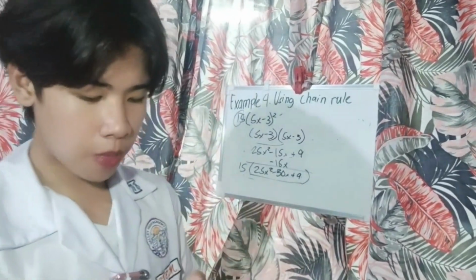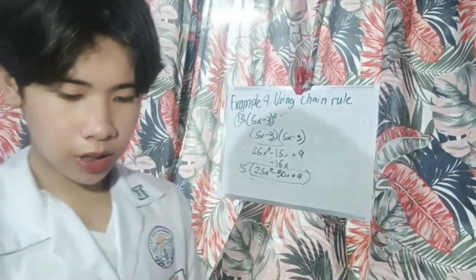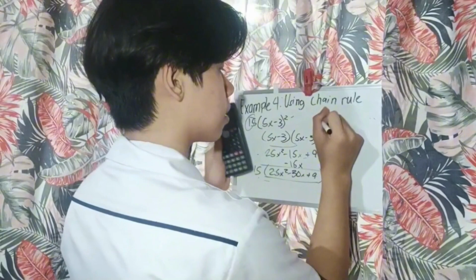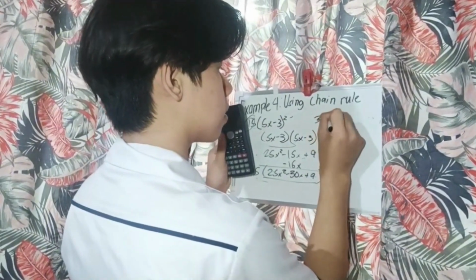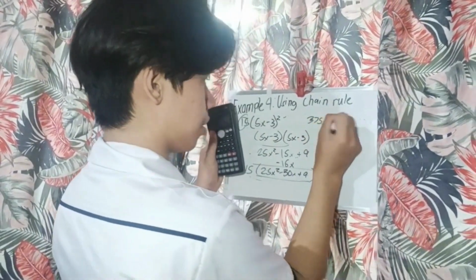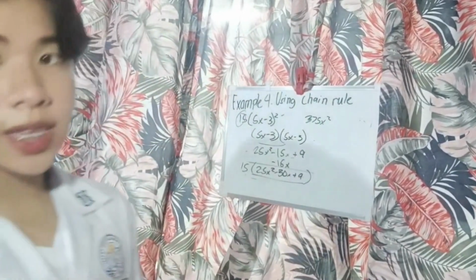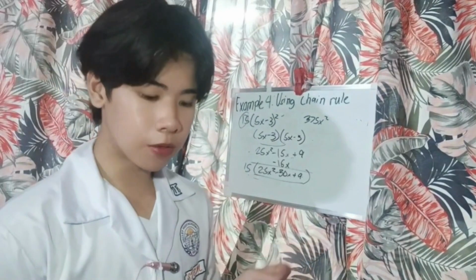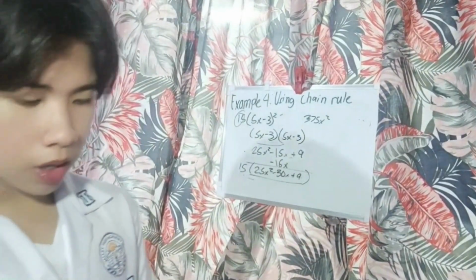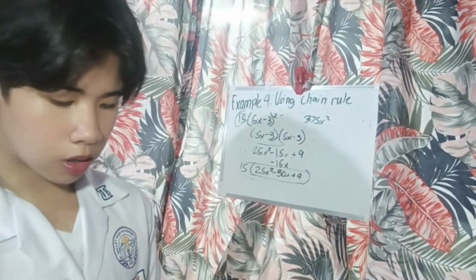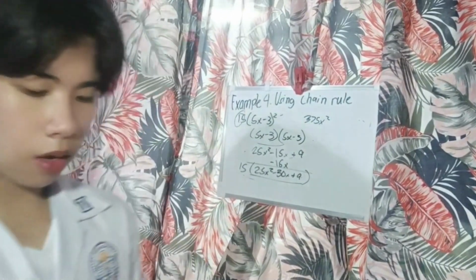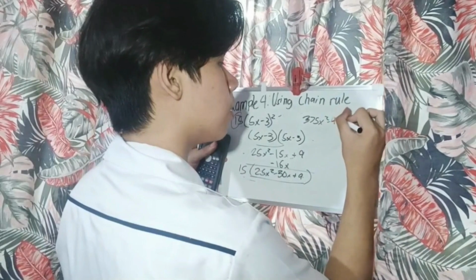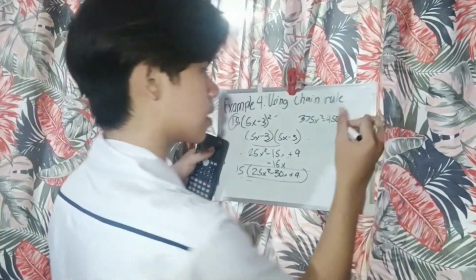15 times 25 is 375. So I'm gonna put the answer right here. X squared. Alright, let's not forget about the x's. And then 15 times negative 30x is minus 450x.